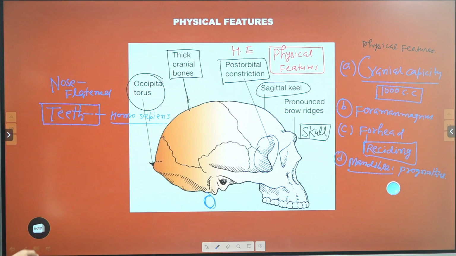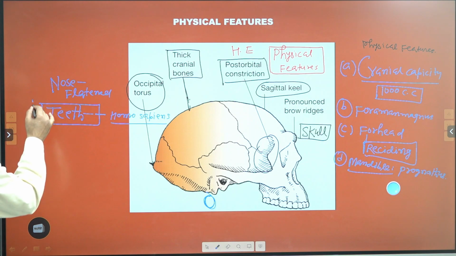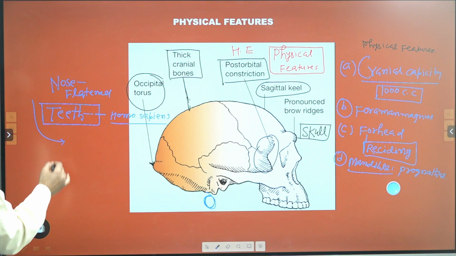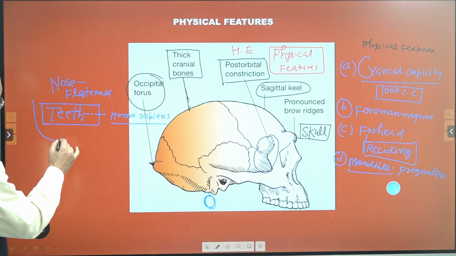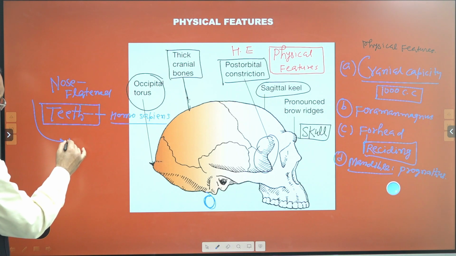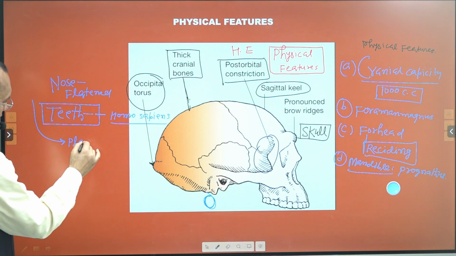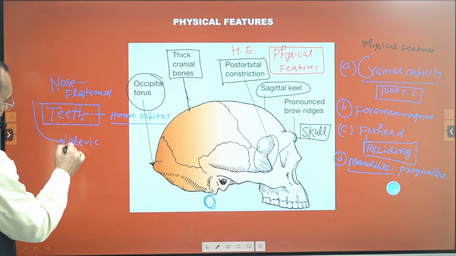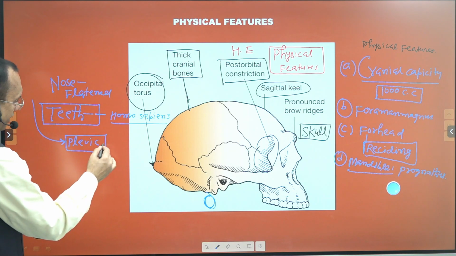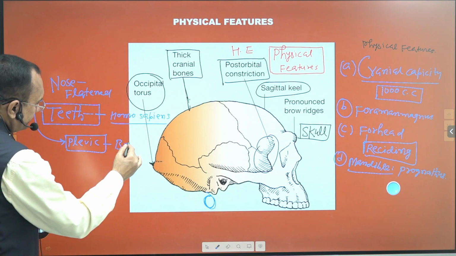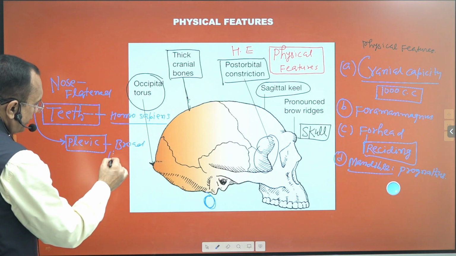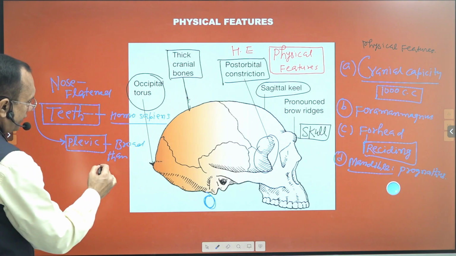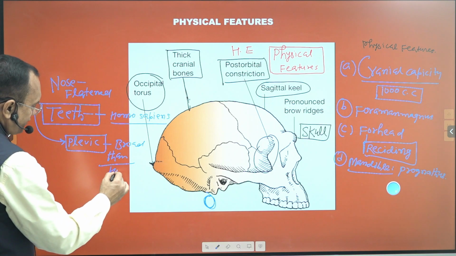And then you have to talk about its pelvis, that was relatively broad than Homo habilis.